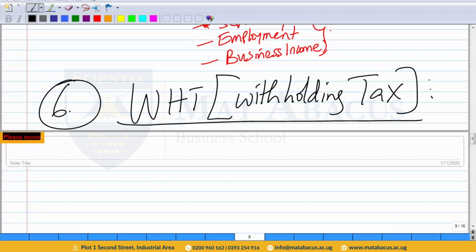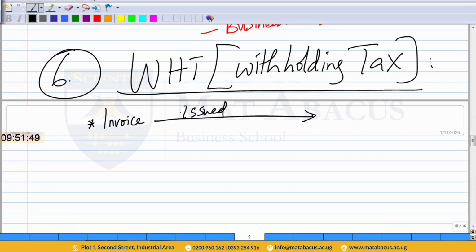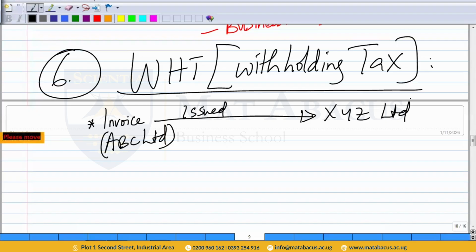Now withholding tax is in different forms. When you have issued an invoice to XYZ Limited, for you are ABC Limited, XYZ Limited, when it is paying you, it is making a payment.